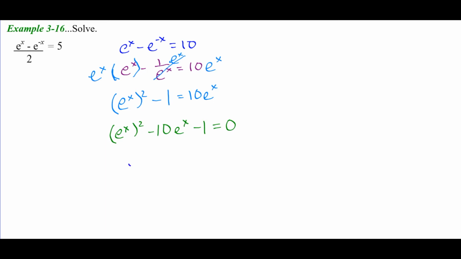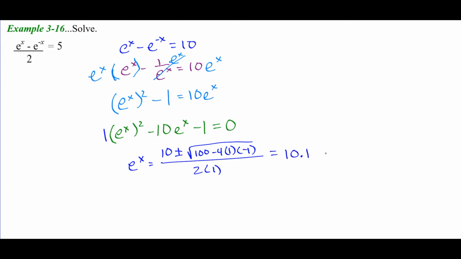So here we're going to say e to the x, I'm going to use the quadratic formula, is negative b, so 10, plus or minus the square root of b squared, so that's going to be 100 minus 4 times a, so that's just 1 here, times c, which is negative 1, over 2 times a, which is 1. So this gives me 10.1 or negative 0.1.